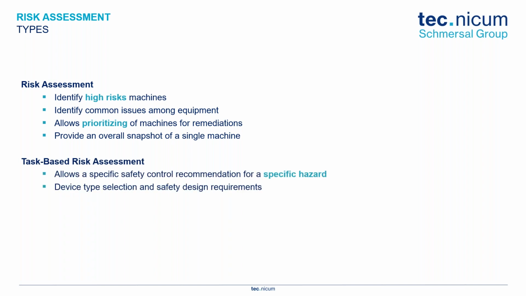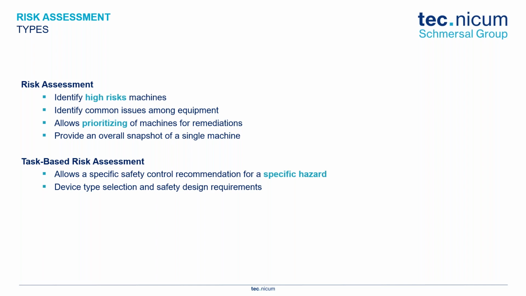For the task-based assessment, now you're, again, looking at the specific task. So now we can drill down a little deeper. Your overall assessment identifies those high-risk machines. Perfect. Let's look at these high-risk machines and try to provide risk reduction measures. Before we can provide risk reduction measures, we need to do this task-based assessment to see how people are using this machine.